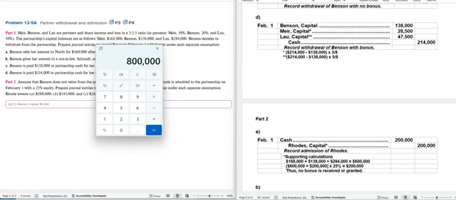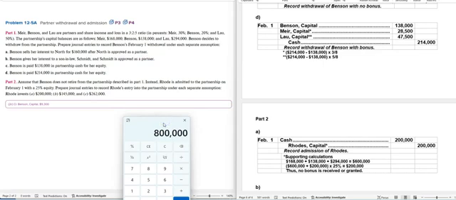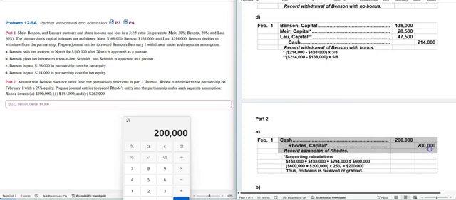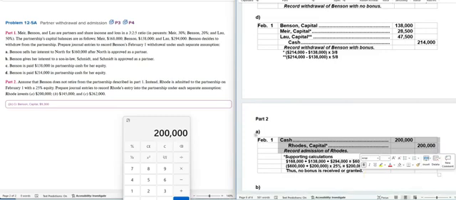So total equity should be $800,000. 25% of that equity will go to the new partner, or $200,000. Because the partner is investing $200,000, which is equal to their share, it's a pretty simple recording. There is no bonus that the partners are giving to the new partner.